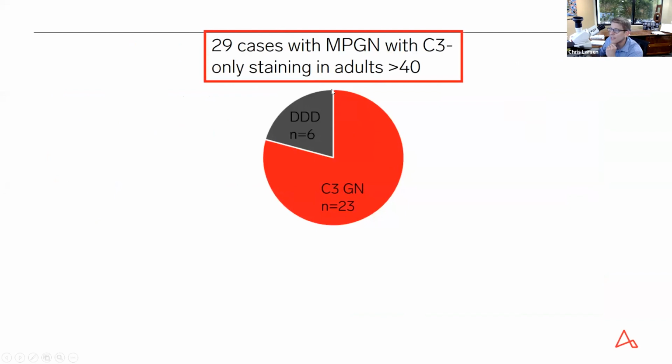Now, 6 of these, based on the electron microscopy, and we just saw what that looks like, were dense deposit disease, and 23 were C3 glomerulonephritis. And we performed paraffin immunofluorescence on this cohort in order to learn how common it is to unmask something when you have this scenario of C3 only MPGN in an adult.